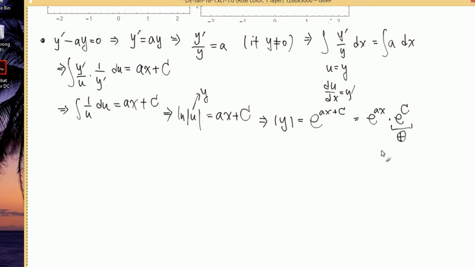Okay? So when you really solve this for y, without that absolute value, there's going to be e to the ax times e to the c. I'm going to call this part, that may be plus and minus, delta x, where delta x assumes plus 1 for some value of x, minus 1 for some value of x, we don't know.